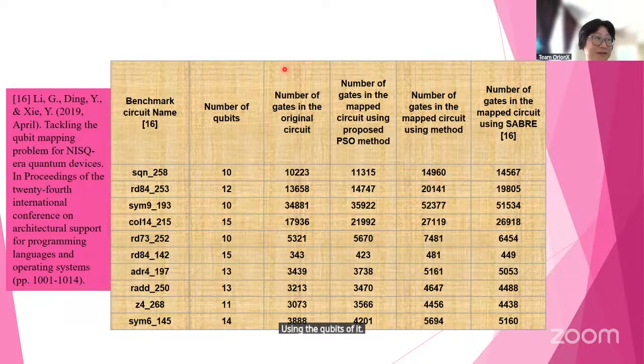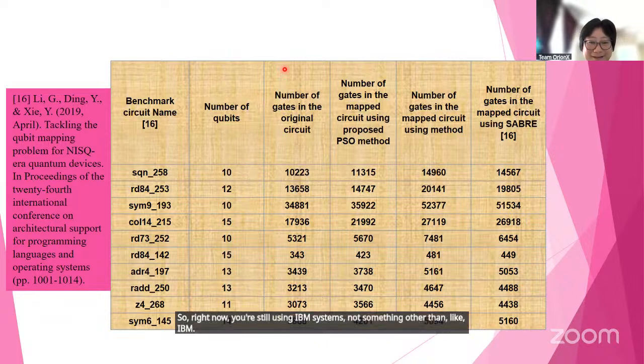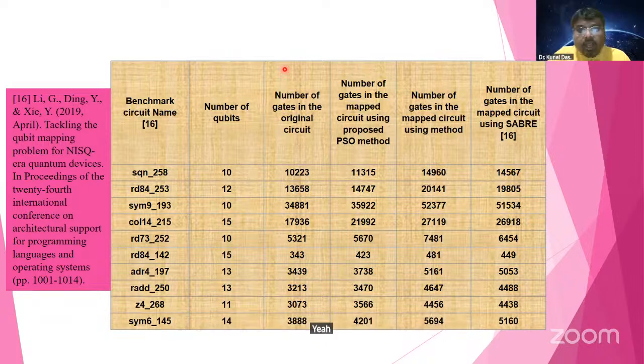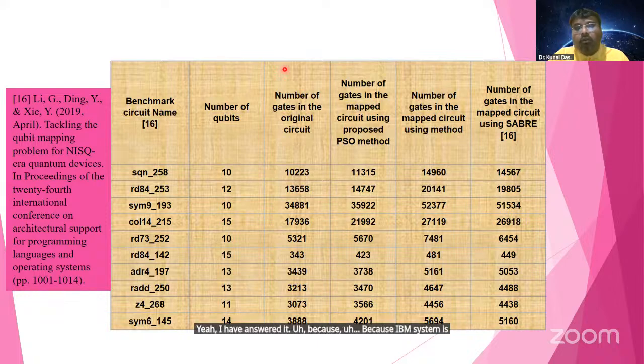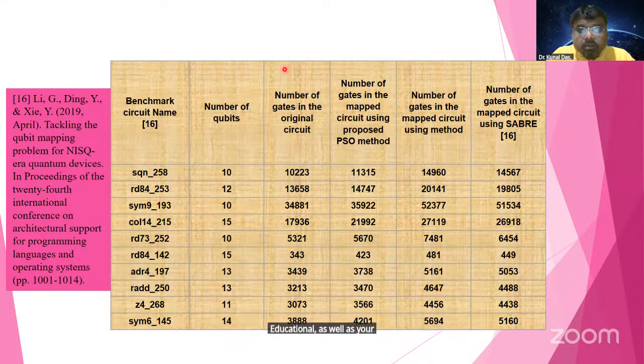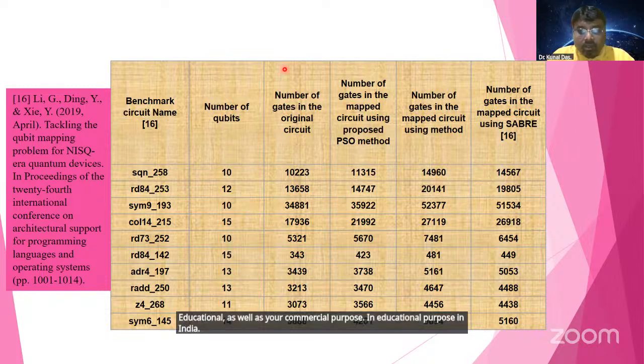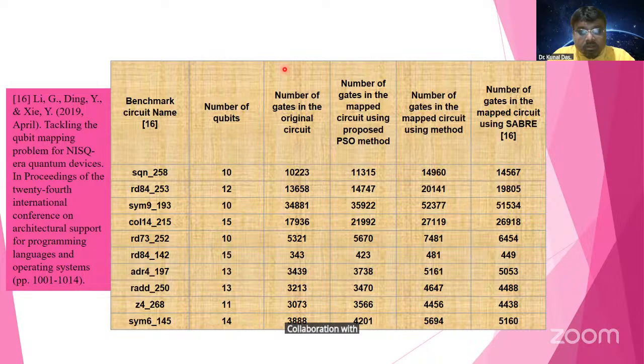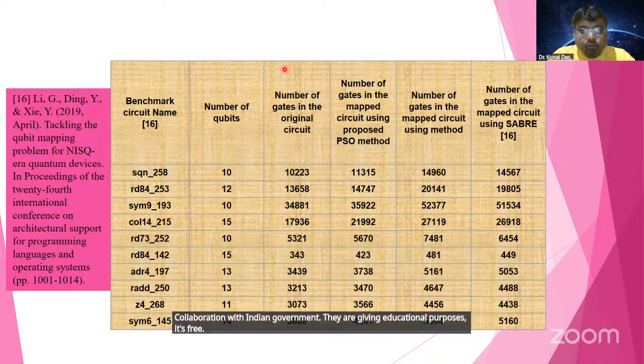So right now you're still using IBM systems, not something other than IBM? Yeah, I have answered it because the IBM system is available for educational as well as commercial purposes. For educational purposes in India, IBM has a collaboration with the Indian government. They are giving it free of cost.